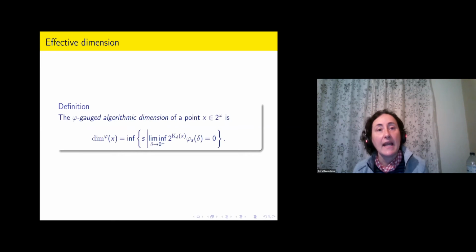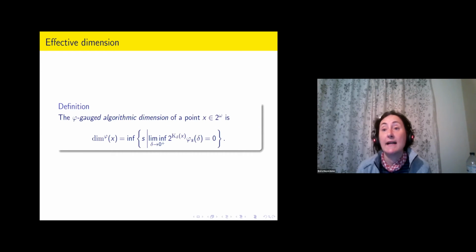Okay, and I can also effectivize phi-gauge dimension. What I do is I compare, again, the Kolmogorov complexity of x at precision delta, but I compare it with the corresponding gauge. So it's completely analogous to the case of phi of delta being delta to the s.